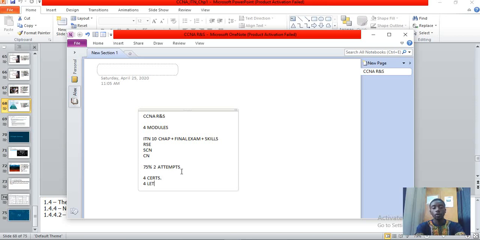If you don't have those letters, it means you did not pass the final exam. Any final exam that you attempt twice and fail means you will not have a letter for that certificate, and the certificate without a letter is invalid. Plus 1 recommendation letter, so you are going out with 9 documents.